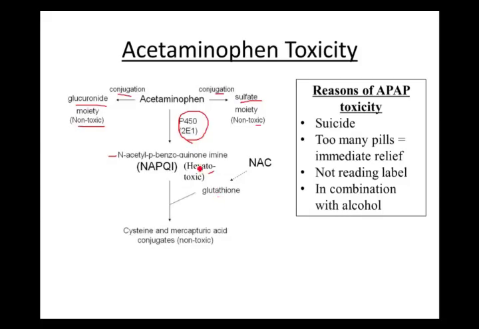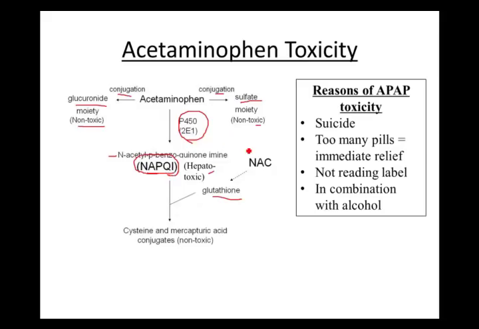It becomes hepatotoxic when glutathione reserves have been reduced, because glutathione can detoxify this NAPQI compound into cysteine conjugates. When glutathione reserves are depleted for different reasons, pathology, or variability within the patient's genetics, these NAPQI products can accumulate and cause extensive hepatic damage.